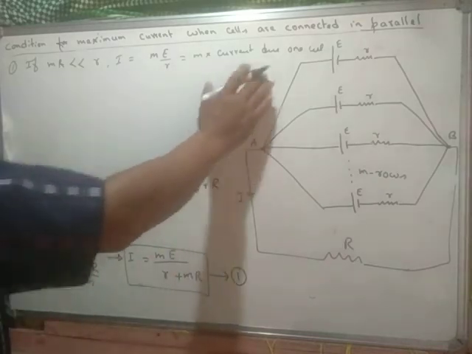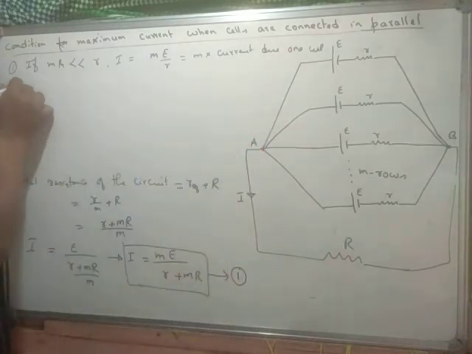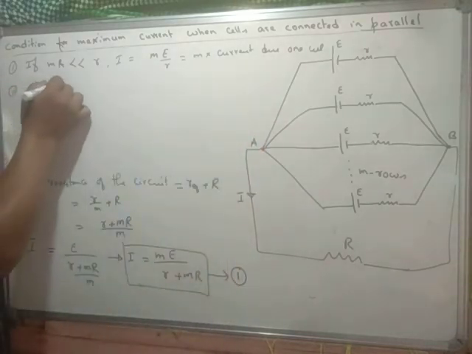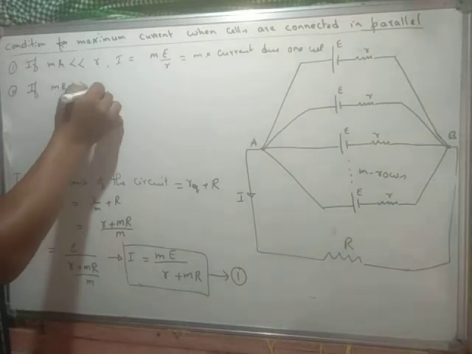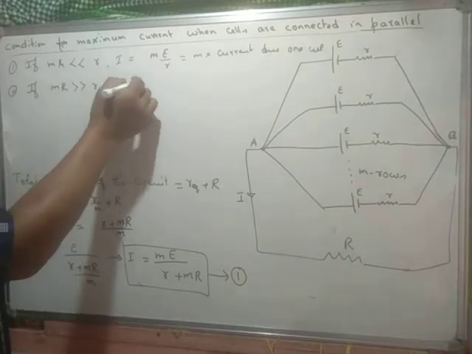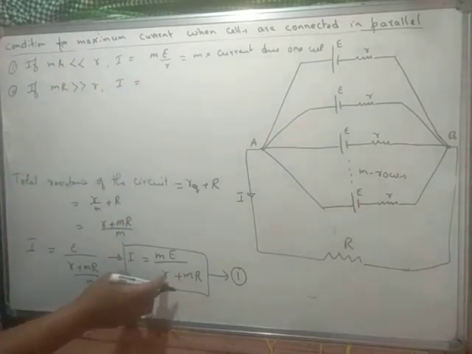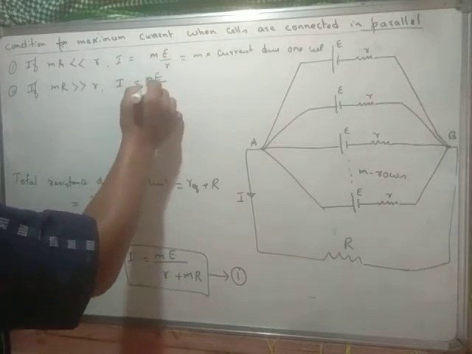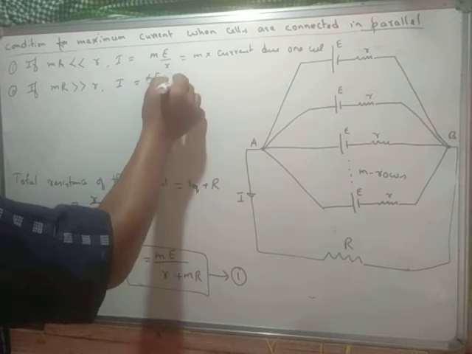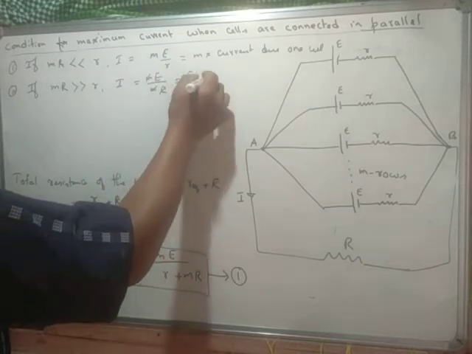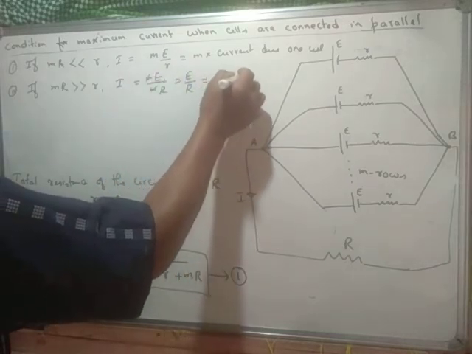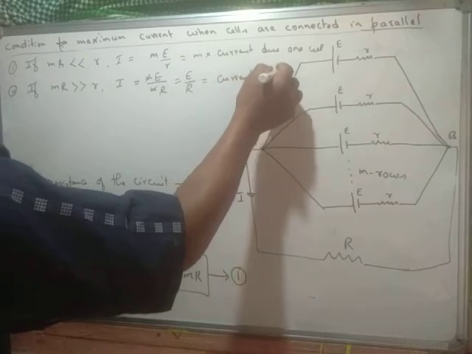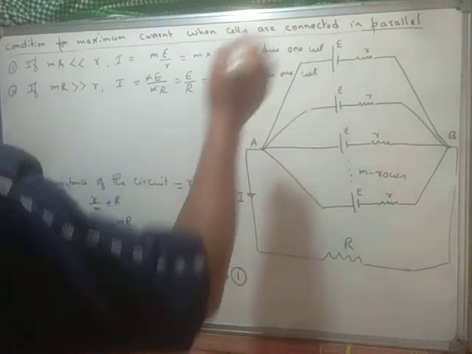But if mR is very large compared to r, then r can be neglected, and you get mE upon mR. The m cancels with m, so you have E upon R only, which means the current due to one cell.